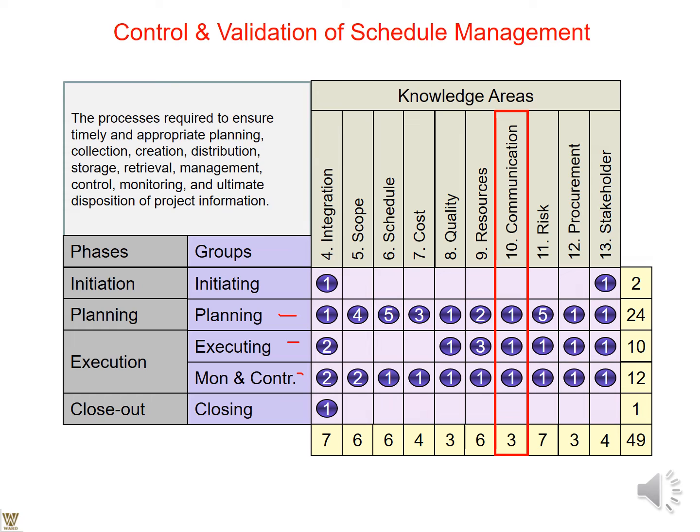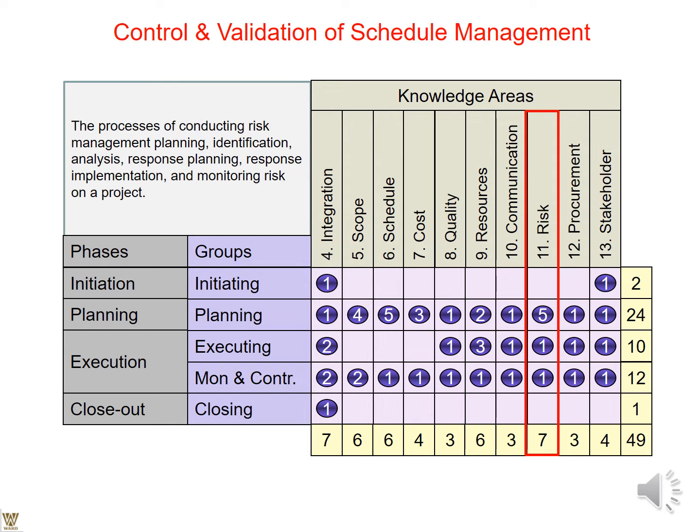It means to ensure timely appropriate data collection, timely appropriate distribution of resources, timely appropriate creation and storage of various data, retrieval of data, the management control, the monitoring, and ultimate disposition of the project information per se. So that is what the knowledge area is all about.